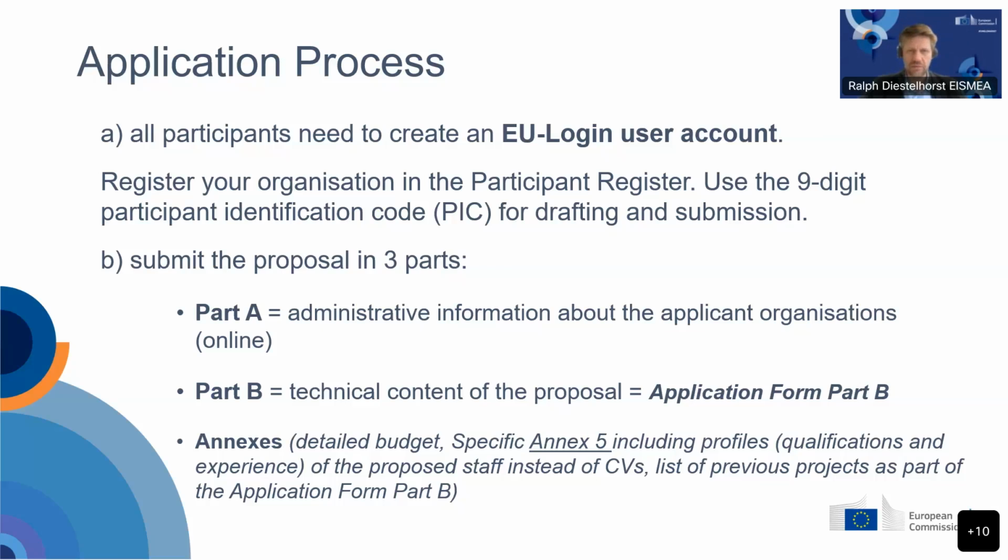It's a unique one that you use for the drafting of your proposal and for the submission. This is the so-called PIC. In case you're awarded, this remains your unique identifier. We work with this PIC. We want to know anything about the organization throughout the whole project duration.